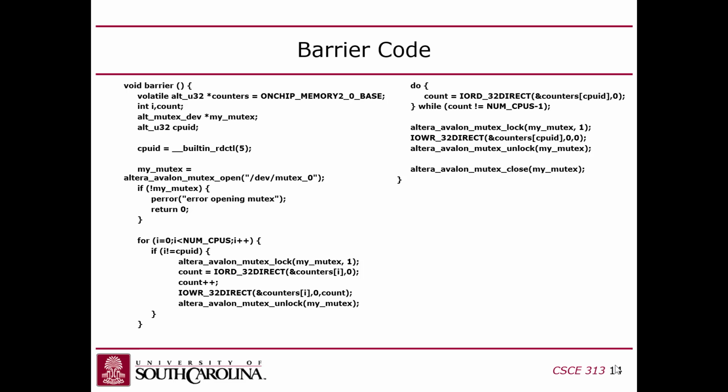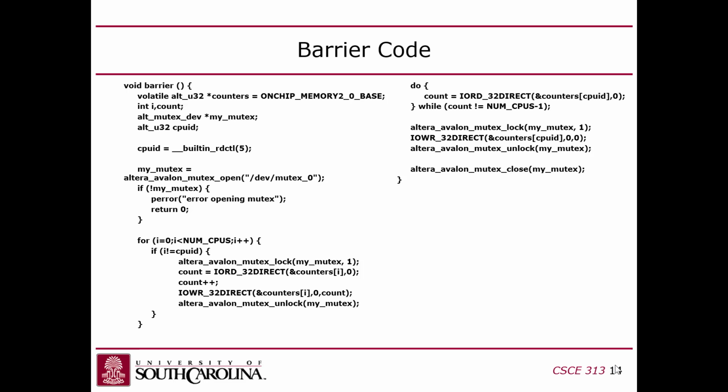Notice I use this IO write 32 direct, and then I take counters I, which is counter number I. Then I reference that with the ampersand, so it becomes an address. And then I put the count in there, and that 0 is just an offset. I think it's always 0 in here. That's just an offset, which we don't need, because we use the array indexing for the offset.